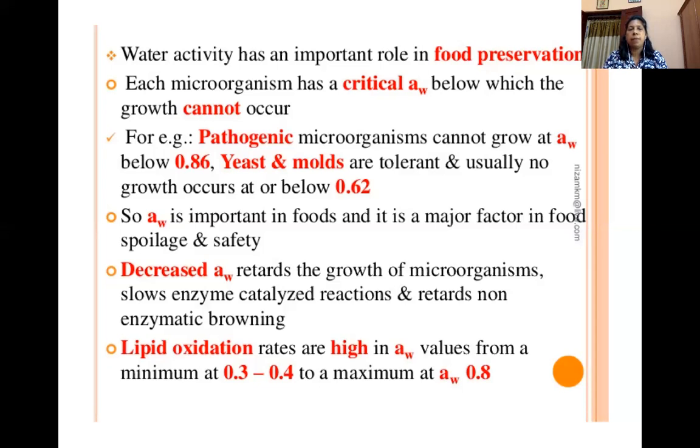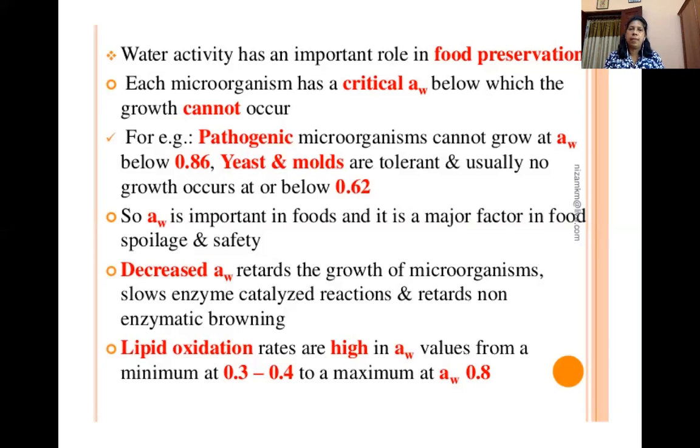For example, pathogenic microorganisms cannot grow at water activity below 0.86, but yeast and molds are more tolerant, and usually no growth occurs at or below 0.62. Though we call it a microorganism in a big category, inside it, even the pathogenic microorganisms, yeast and mold can act in different water activity situations.